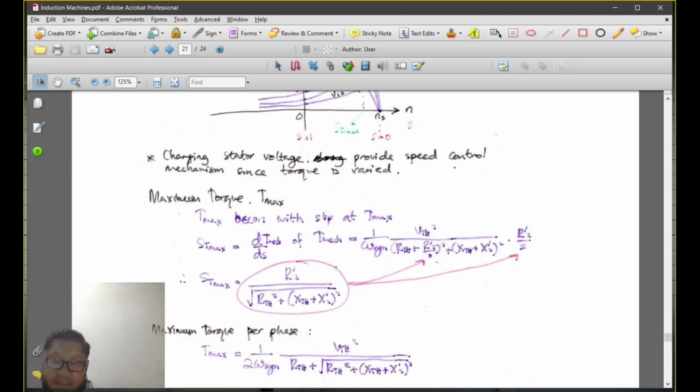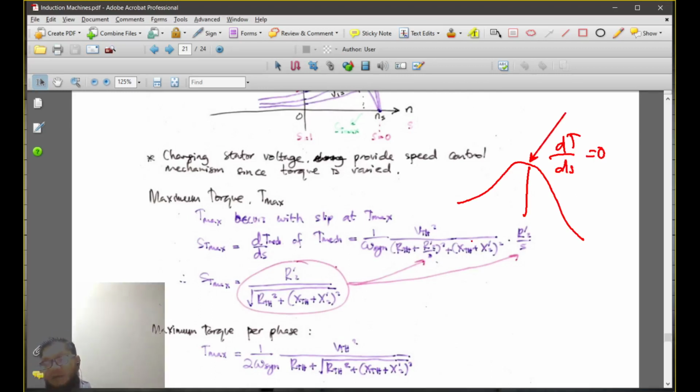To get the maximum point here, you differentiate once, dTm over dS, and you set that equal to 0. So you get the maximum point, isn't it? This is the mathematics. If you want to get the maximum point here, the slope should be 0.